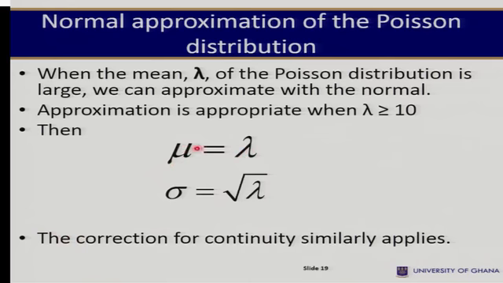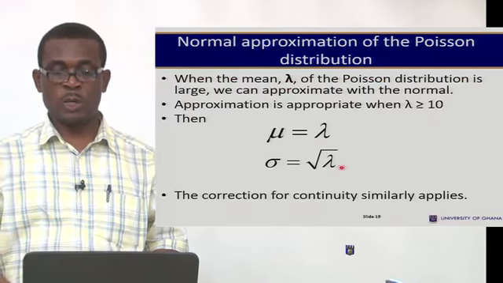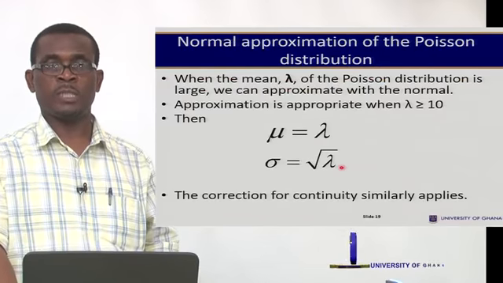So your mu is the same as the lambda from the Poisson. And then we find our sigma to be equal to the square root of lambda. Now, the correction for continuity that we just talked about also applies here, because again, the Poisson is discrete, but the normal is continuous, and we are using the continuous to approximate the discrete. So we need to correct for continuity.